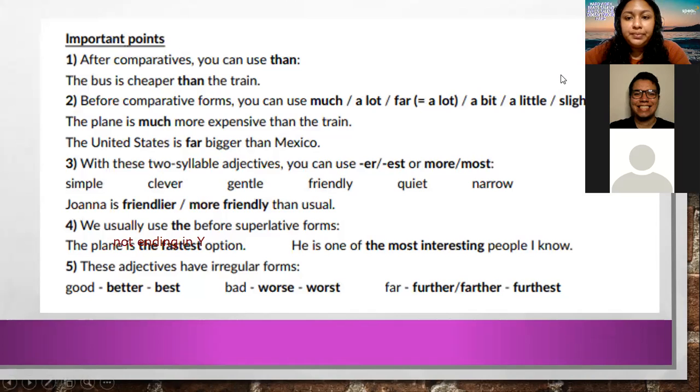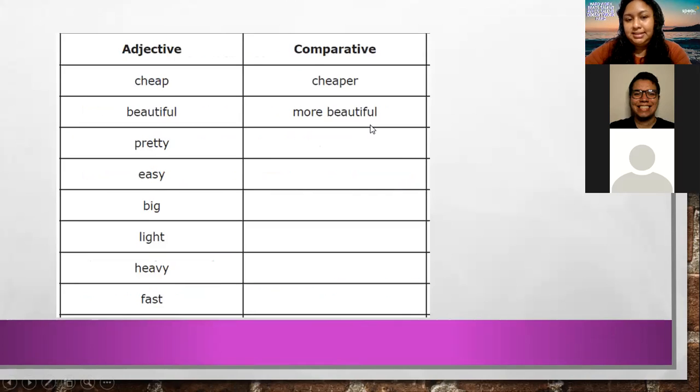Before we read this, let's take a look. For example, we have here adjective, welcome to class, Wendy. Then we have the comparative, and here is the superlative. Then, for example, I have cheap, cheaper, and what's the superlative? What am I going to say?